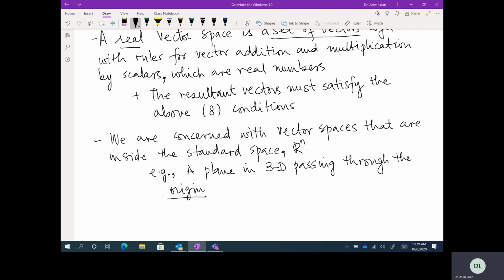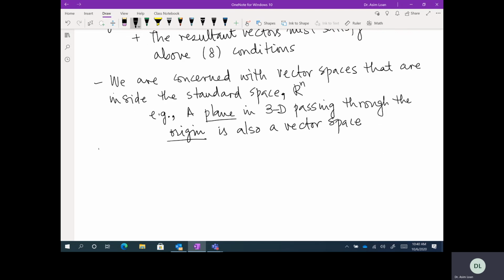Passing through the origin is also a vector space, and we know from chapter 1, a plane is infinitely long with zero thickness, is also a vector space. So what is the subspace?